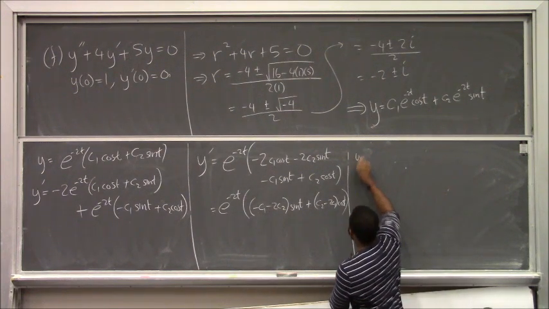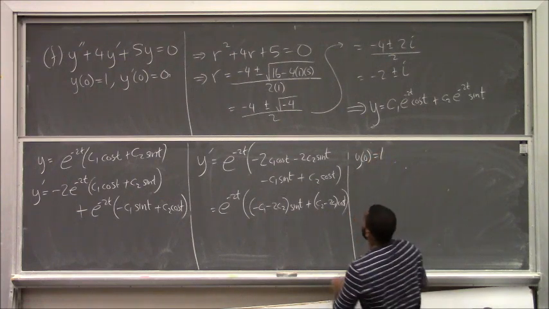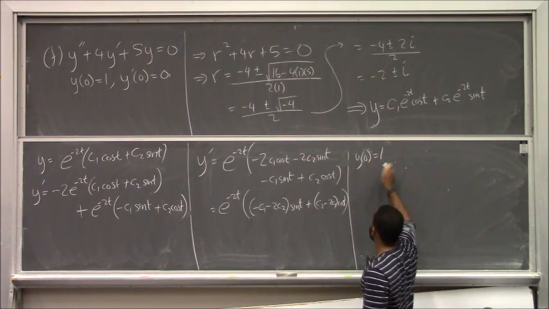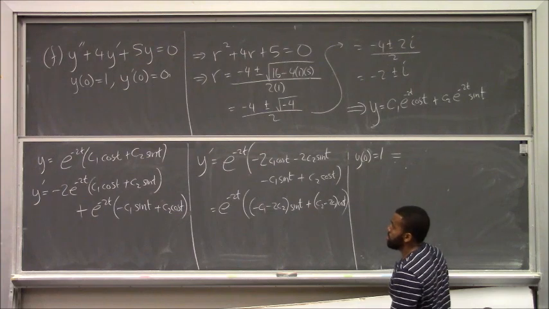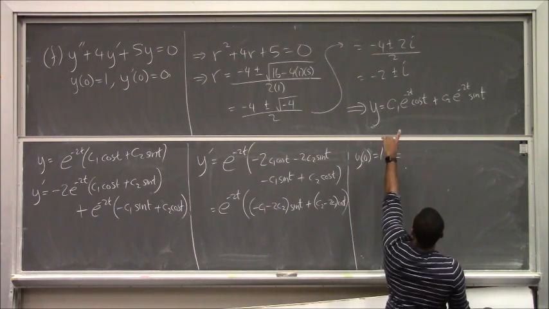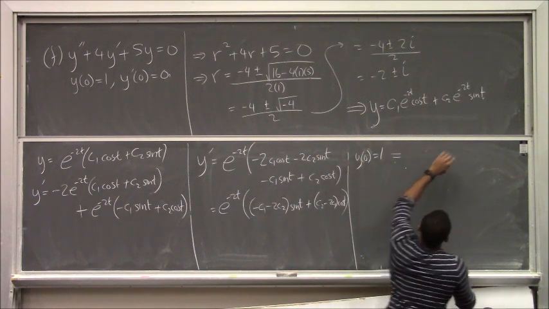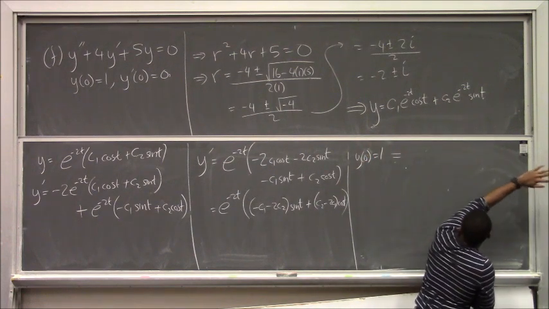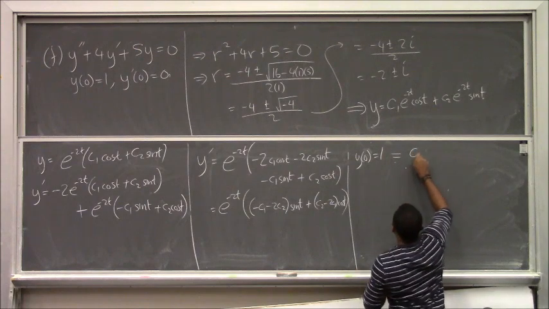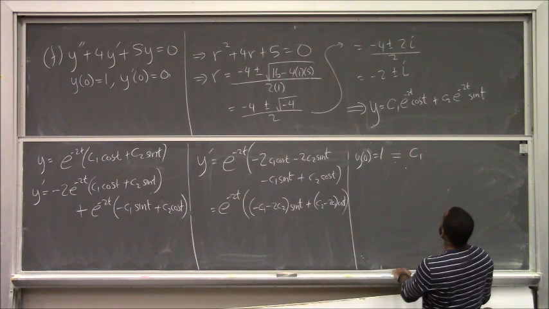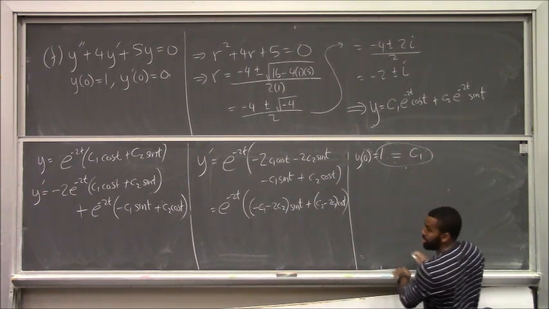Right, so now applying the initial conditions, y of 0 equals 1, and y prime of 0 equals c2 minus 2c1, which is 0. In this expression, I'm going to plug in t equals 0. The sine of t is going to disappear, so I'm literally just going to have c1 here. Nothing to do, that's c1.